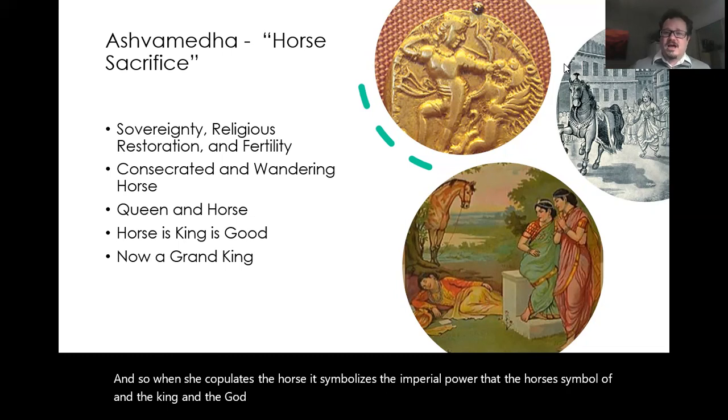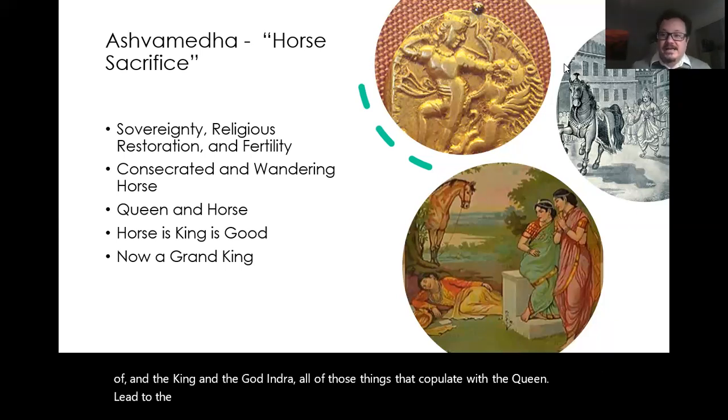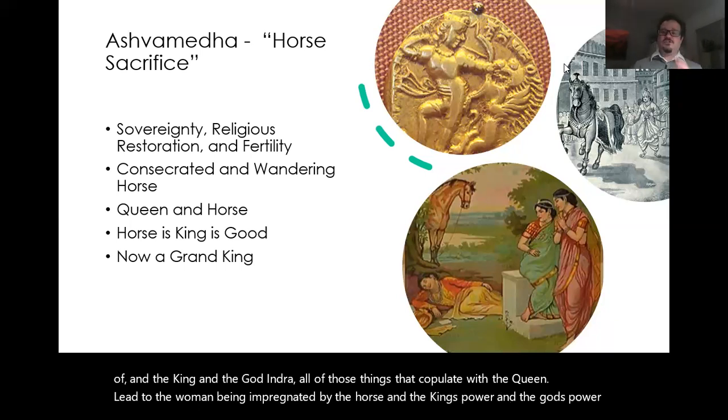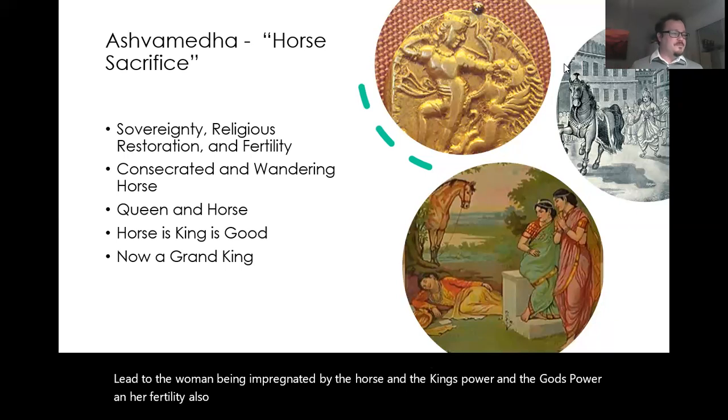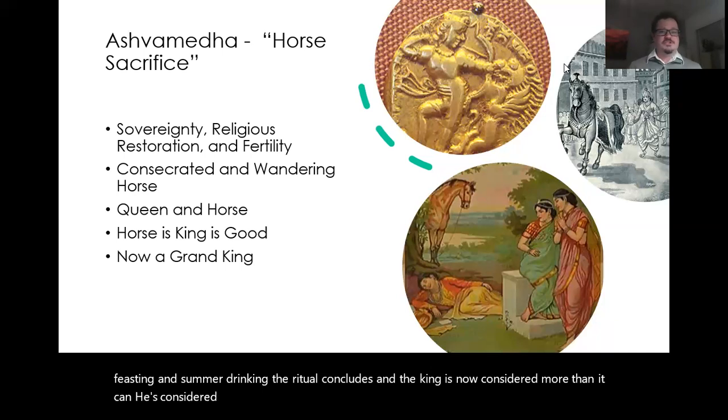All of those things that copulate with the queen lead to the woman being impregnated by the horse, and the king's power and the god's power, and her fertility, also the land being fertile and having many crops. After a final sequence of feasting and soma drinking, the ritual concludes, and the king is now considered more than a king. He's considered a great king, a maharaja, or an emperor.